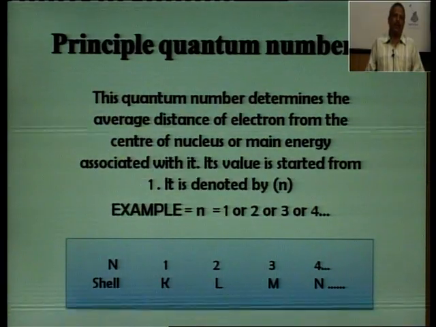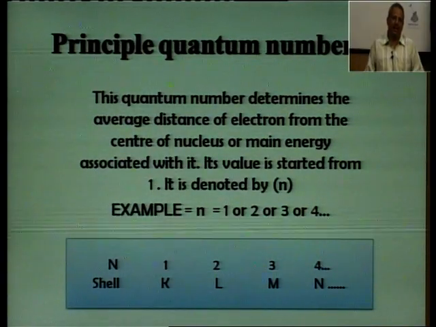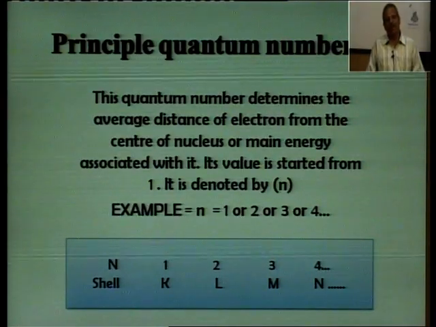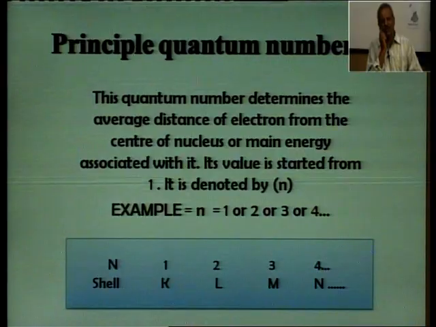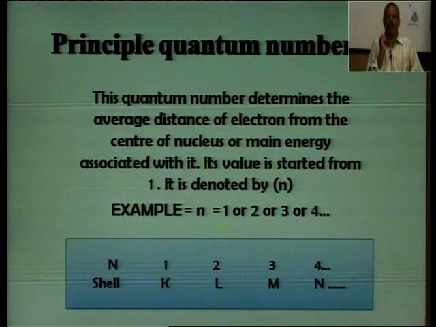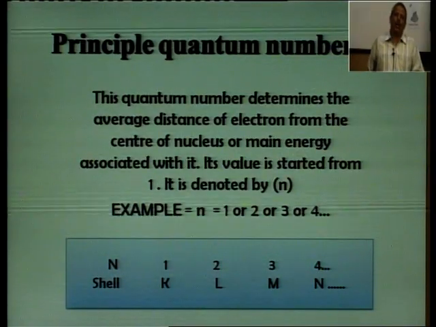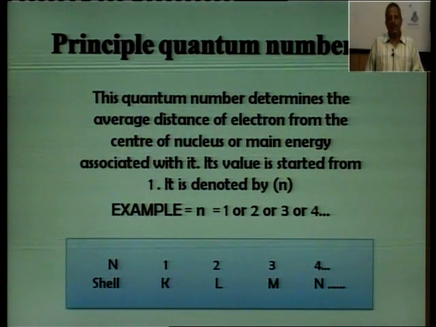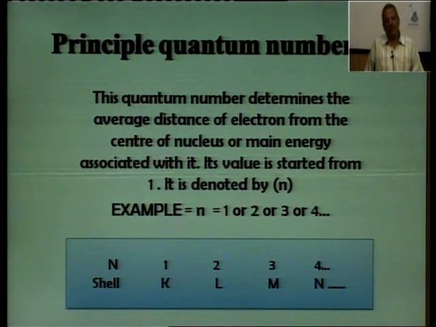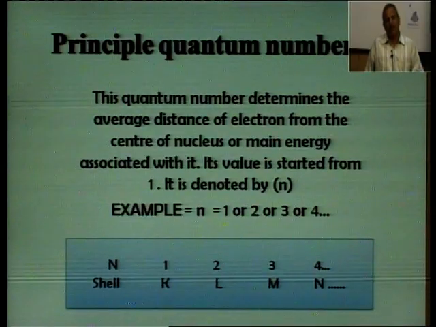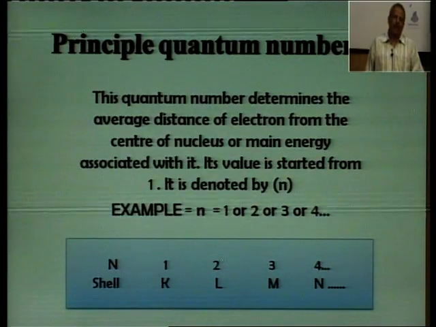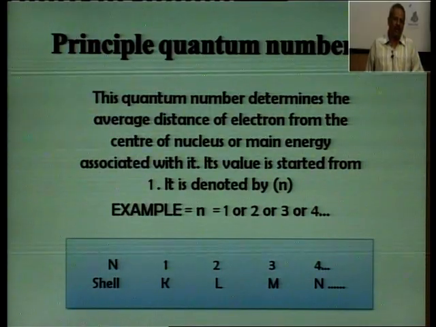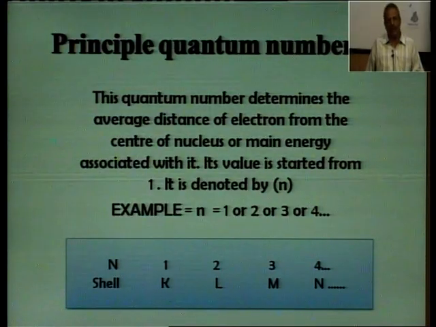Principal quantum number is designated by n. This quantum number determines the average distance of the electron from the center of the nucleus, or the main energy associated with it. Its value starts from 1. So, if n is 1, the electron is present in the first energy level.